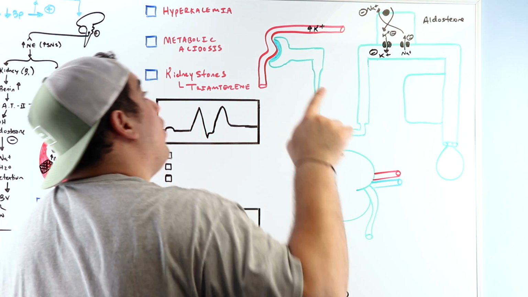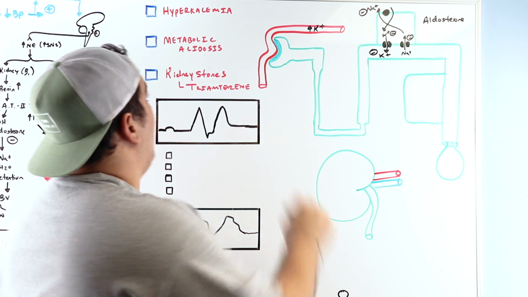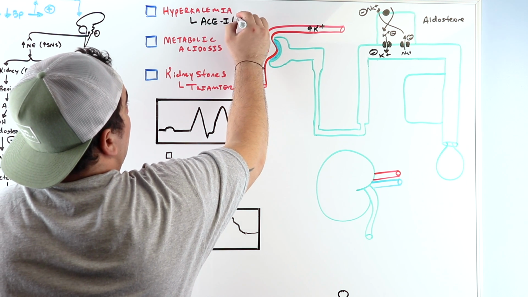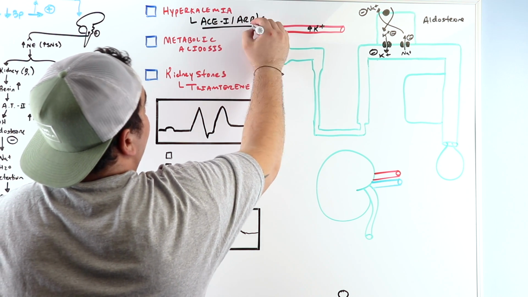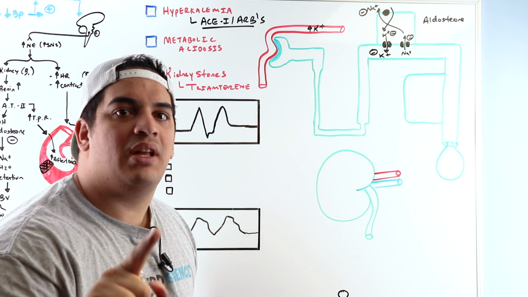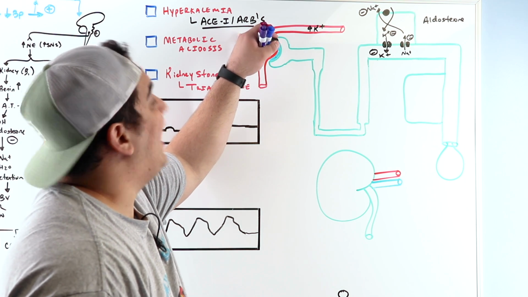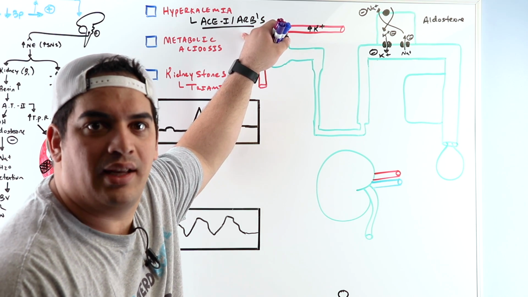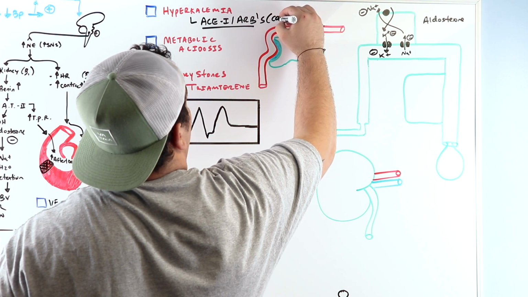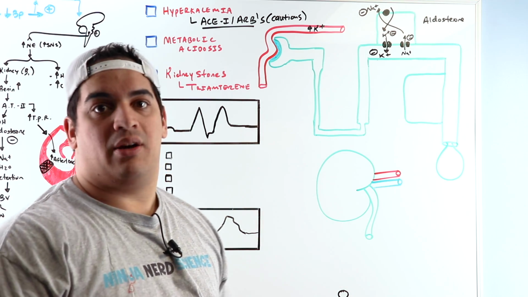On top of that, one thing you have to remember is that we want to be very, very careful of giving this drug, a potassium-sparing diuretic, with ACE inhibitors and ARBs, because what do they do? They inhibit the action of angiotensin II overall. What's the stimulus for aldosterone production? Angiotensin II. So these drugs could potentially block aldosterone indirectly and lead to the same effect. So you have to be very cautious when utilizing ACE inhibitors or ARBs with potassium-sparing diuretics.